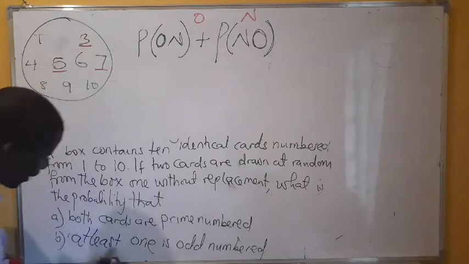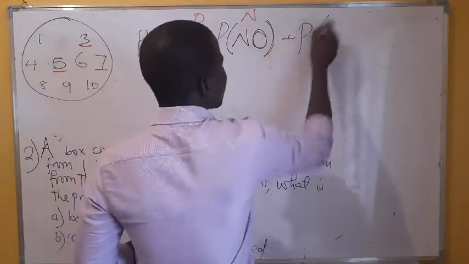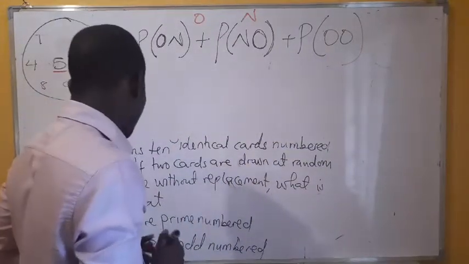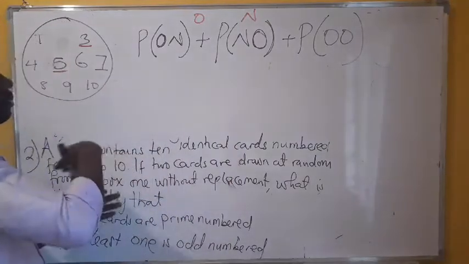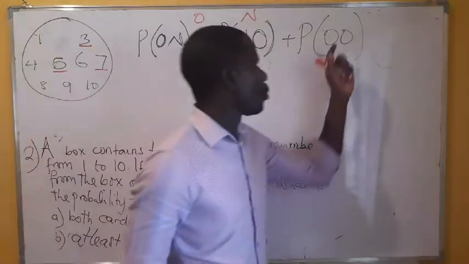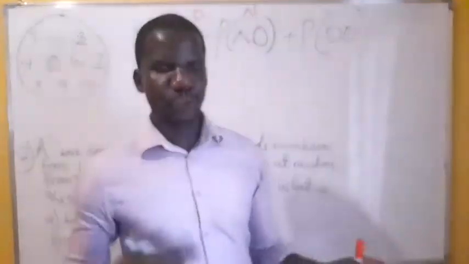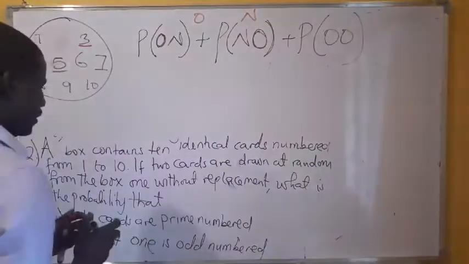Remember, we are talking about the words at least. So we can also have a situation where both of them are odd numbers, because we are only saying the minimum number of odd numbers should be 1. We can have even more than 1, so having both odd numbers also qualifies. So those are the 3 probabilities that we have to work with.